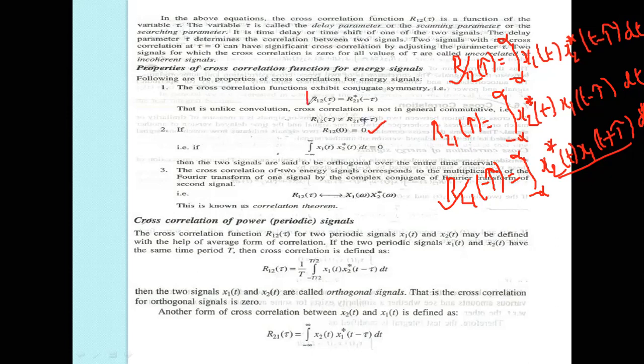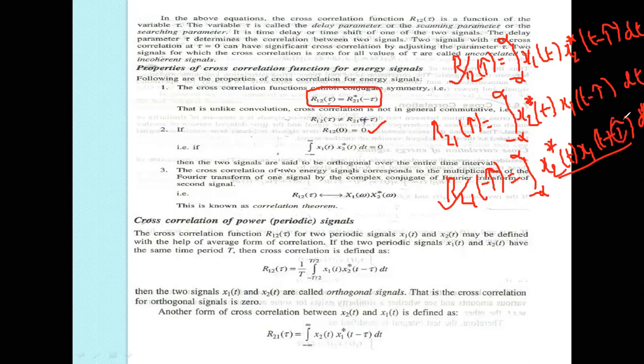The first property is only when we are changing this 12 to 21: unlike convolution, correlation does not obey the commutative property, it is not in general commutative. And the second property says that if R12 of 0 is equal to 0, that is the integral from minus infinity to infinity of x1 of t, x2 star of t dt, with tau equal to 0.